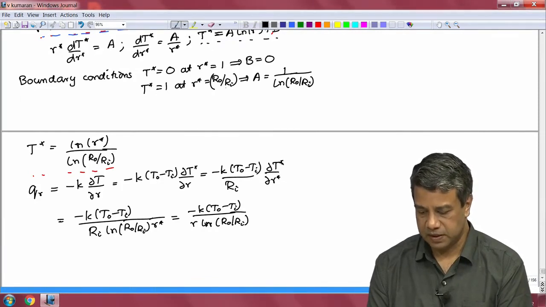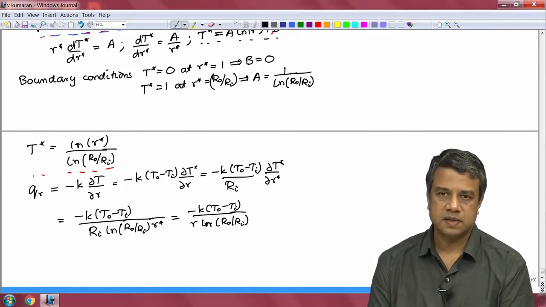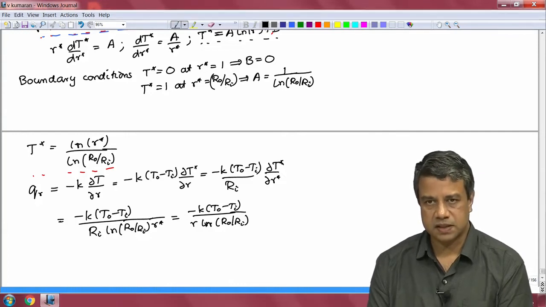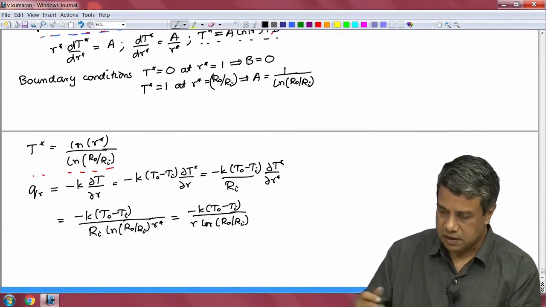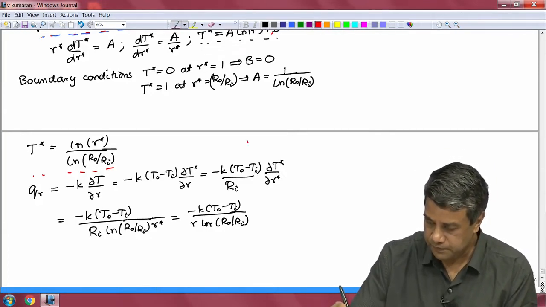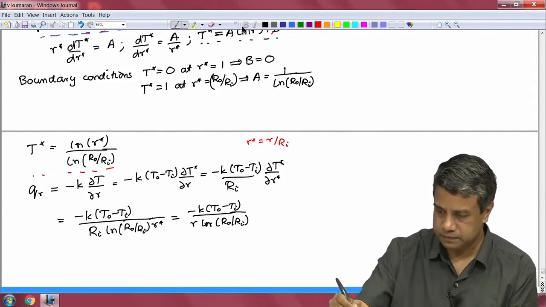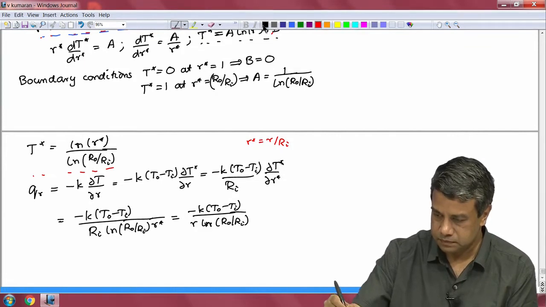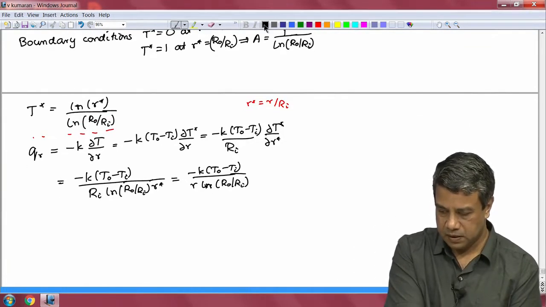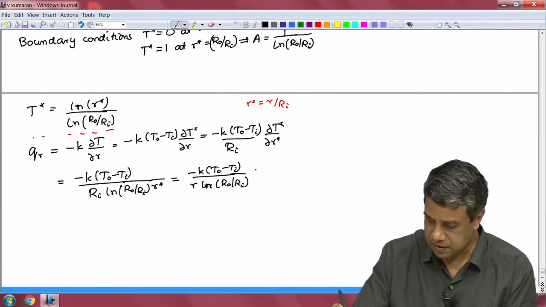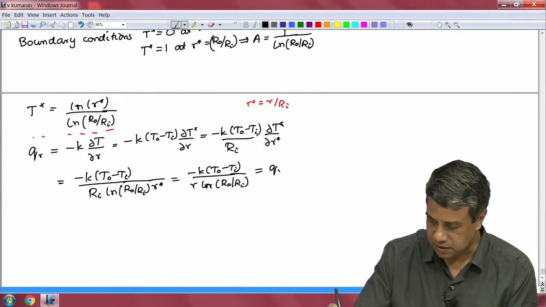And r star times the inner radius is just the actual radius r, because I defined r star as equal to r by Ri. So, this is the expression for the heat flux in the r direction, q r.